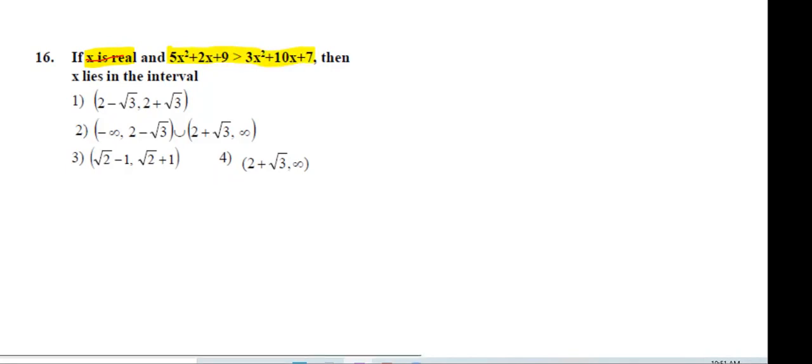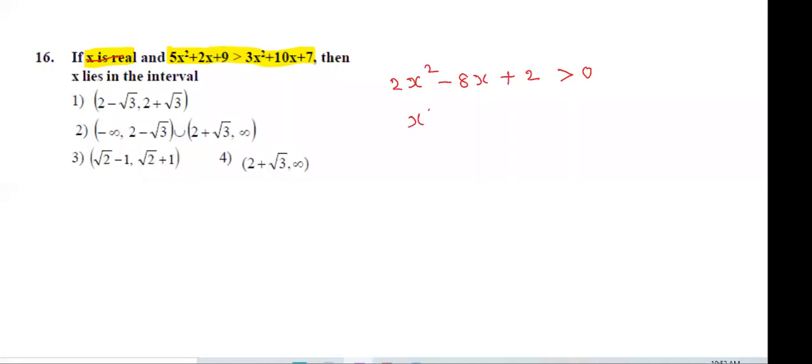Bring the right hand side terms to the left hand side, what will you get? 5x square minus 3x square, 2x square, x minus 10x, minus 9x, 0 minus 7, so 2x square minus 9x minus 7 greater than 0. Okay. Now take common, x square minus 4x plus 1 greater than 0.